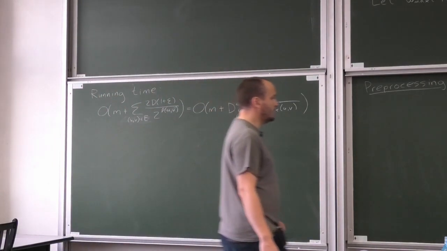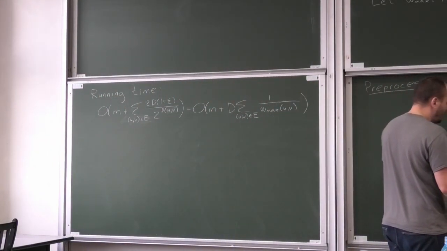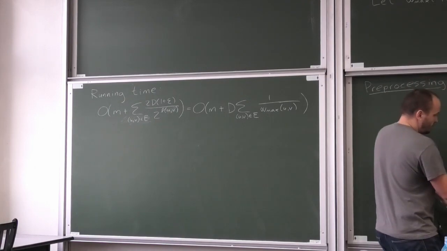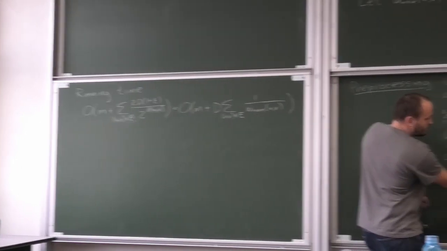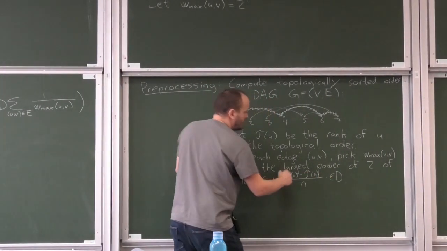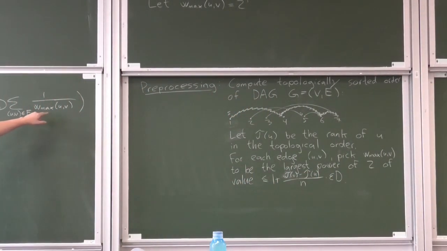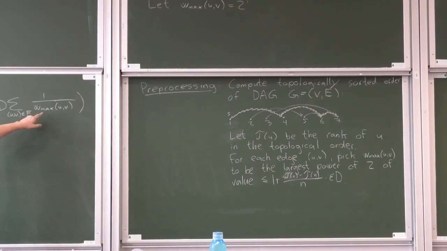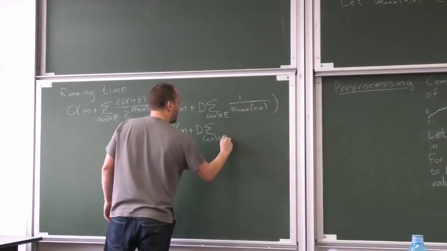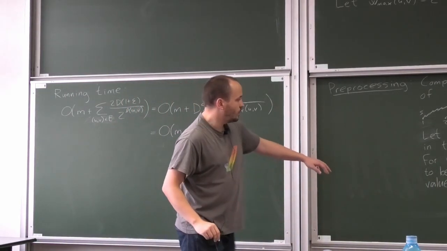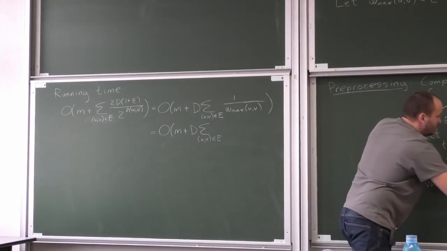But then you can make it even simpler. If you remove this plus 1 here, you get something that is smaller here. That means when you divide by it, you get something larger. So if we just care about an upper bound, we can just replace this by O of m plus d times the sum of 1 divided by this value here, basically.